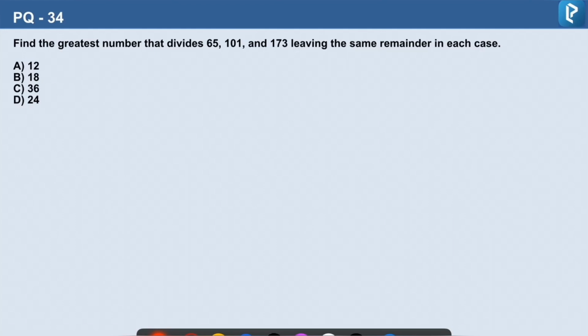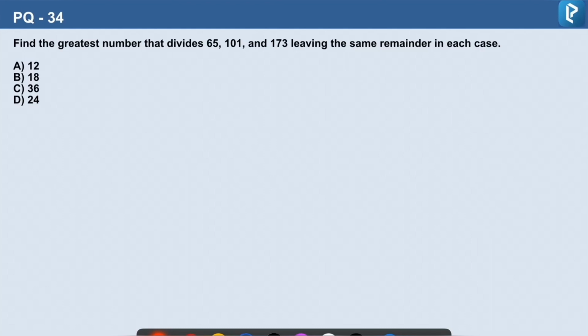The logic to find the HCF is that the greatest number that divides these three numbers leaving the same remainder also divides their differences, leaving remainder 0. So we have to find the differences between the three numbers and find their HCF.